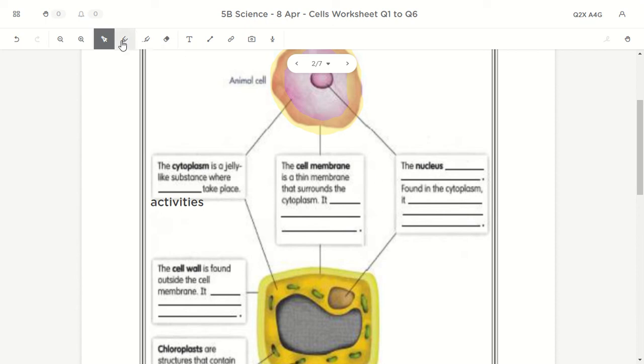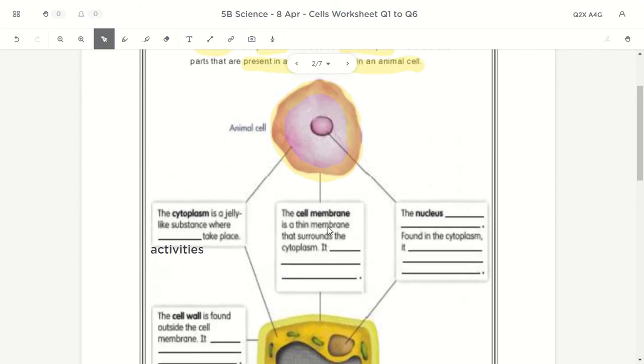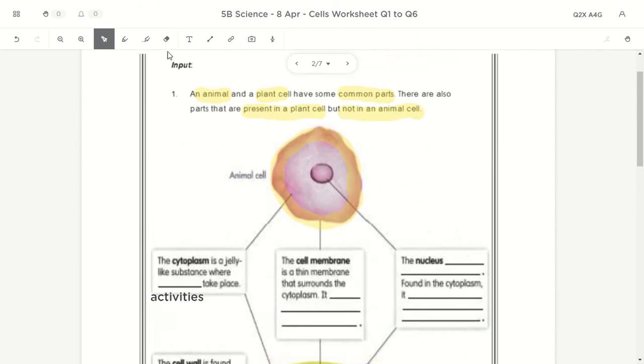cell membrane. Okay, I might not be able to write inside the box because there's quite a bit to write. So instead, I'm going to just draw an arrow out like this, and I'm going to write it over here. Okay, so it's easier to see. So I'll just complete the sentence.